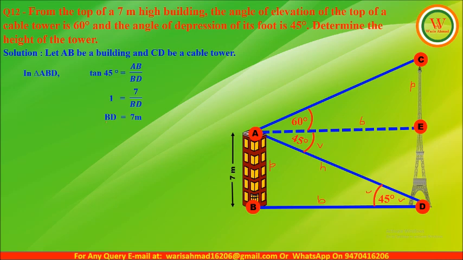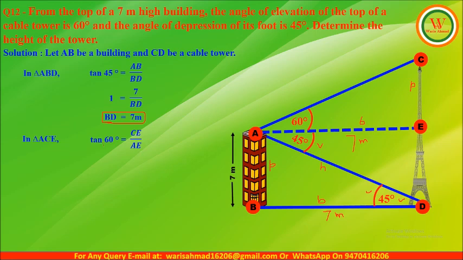Since we got the value of BD equals to 7 meter, the measurement of AE will also equal 7 meter. Here we can write 7 meter. Here in triangle ACE, we can write tan 60 degree will be equals to CE upon AE.